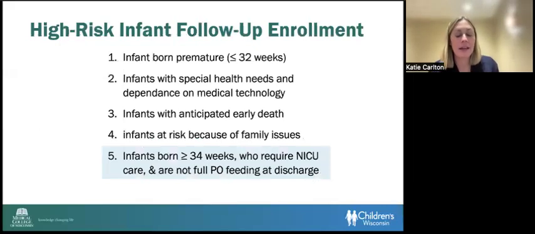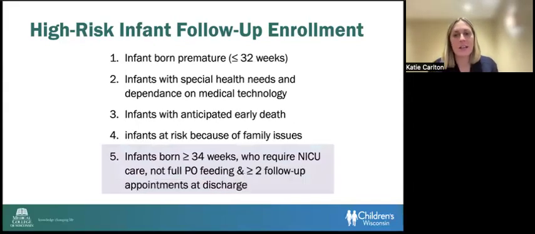Specifically, by expanding the AAP criteria listed here to include that fifth cohort of infants who are greater than or equal to 34 weeks, who required NICU care and did not go home orally feeding, our machine learning model would predict that 75% of those infants would go on to have an abnormal developmental screening rate in early childhood.